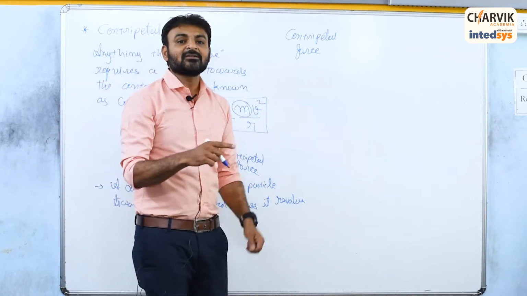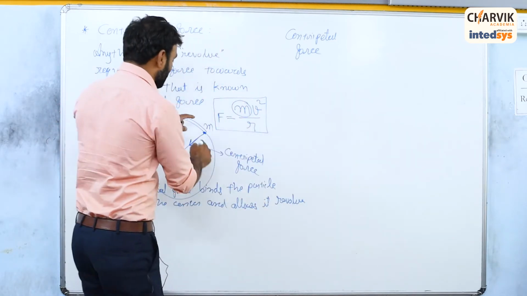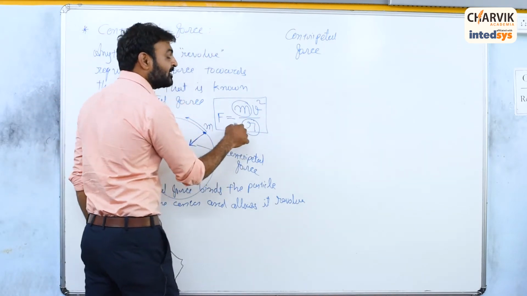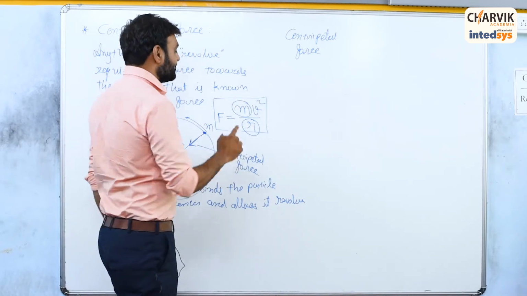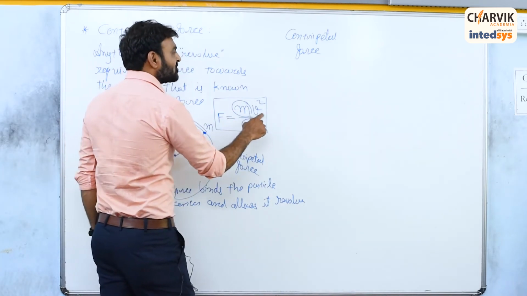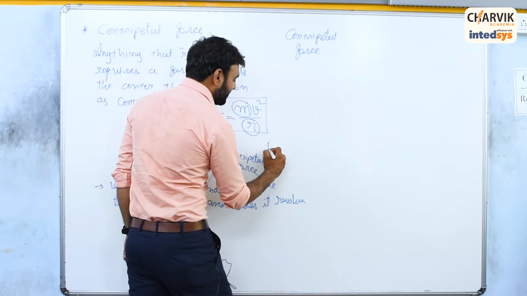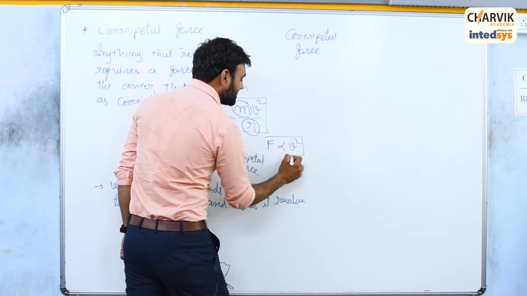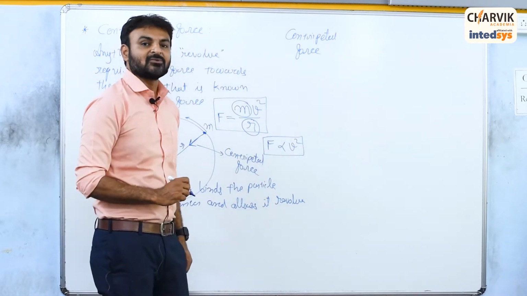The radius of the circle over which you are revolving is also a constant value. So mass and radius are constant factors. The thing that varies, the thing that changes, is velocity. It means F depends on velocity squared. F is proportional to velocity squared, right?